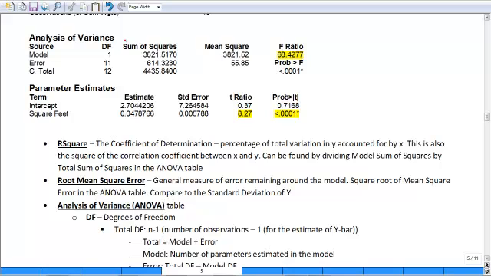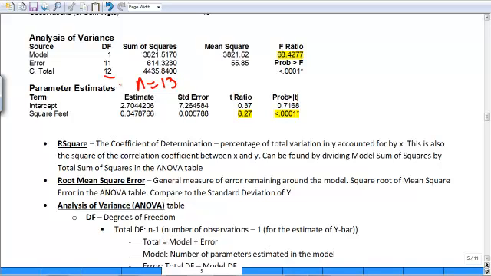What exactly do these degrees of freedom represent? Well, we've got 13 observations in the model, n equals 13. However, we lose a degree of freedom up front when we estimate the mean of y, which under the null hypothesis is also beta 0, the y-intercept. So that leaves us with 12 degrees of freedom to deal with in the analysis of variance table.